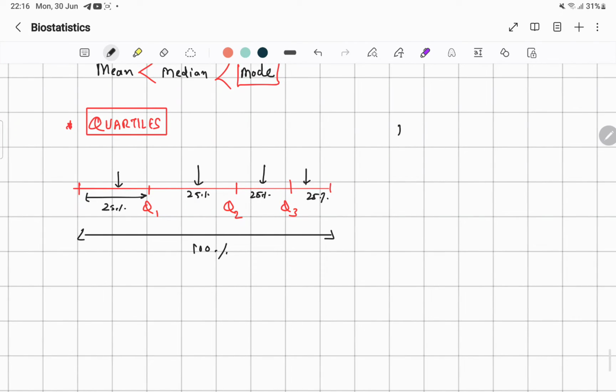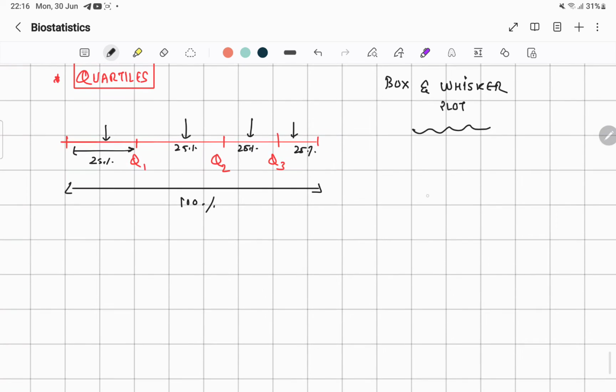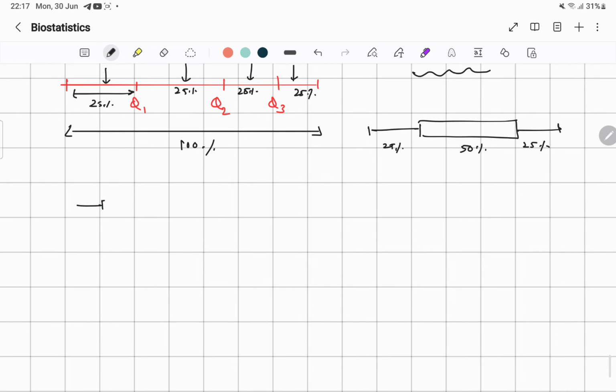Then we have a box and whisker plot. Here the box is there and whiskers are there. This is 25%, this is 25%, and the box is 50%. This will be a normal distribution. If the box is more towards the left side, it is a positive skew or right skew.